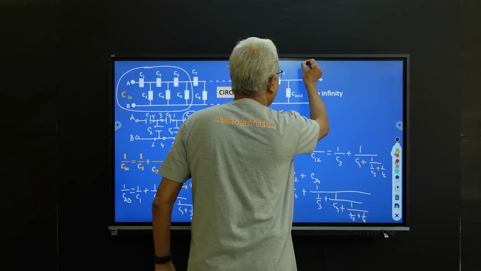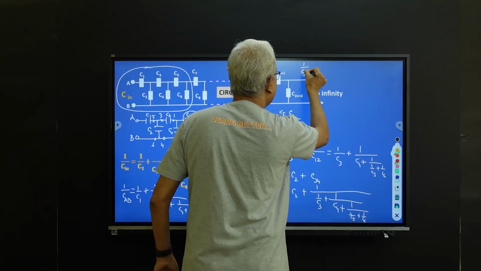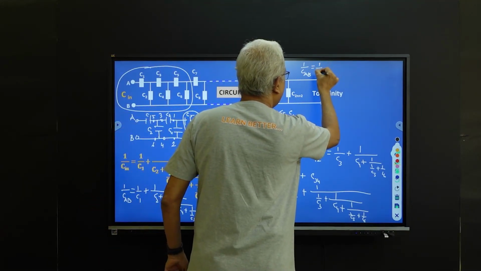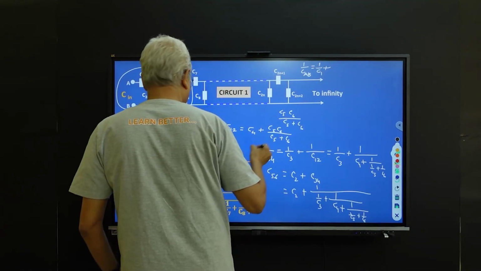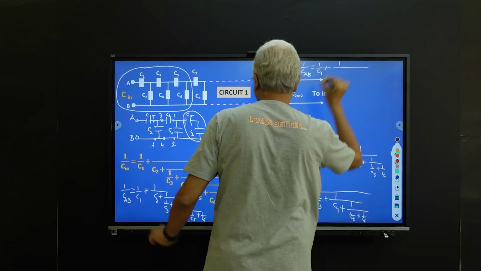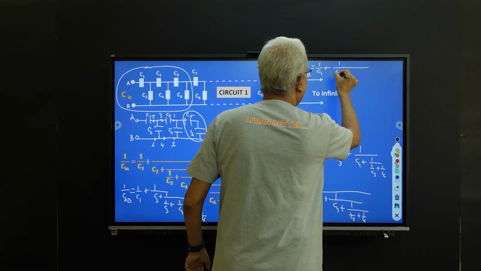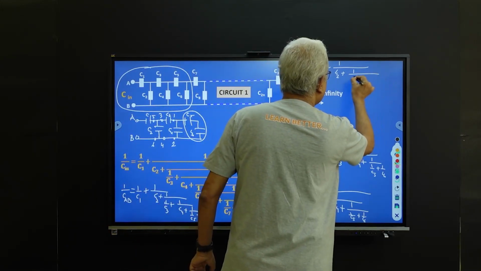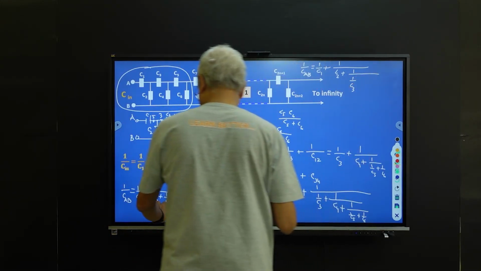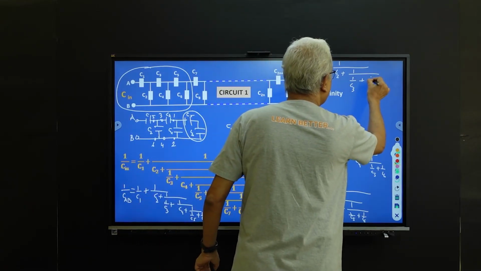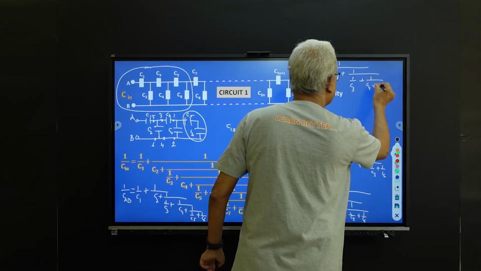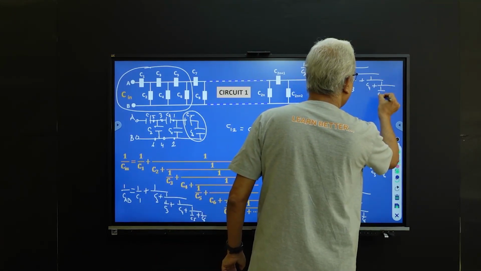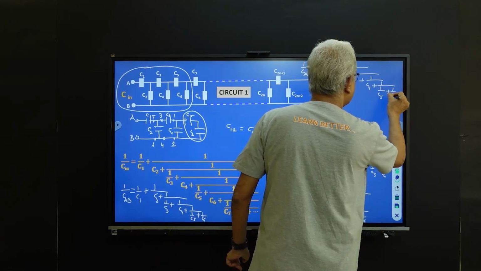So I once again write 1 by CAB is equal to 1 by C1 plus 1 by C2 plus 1 by C3 plus 1 by C4 plus 1 by C5 plus 1 by C6.